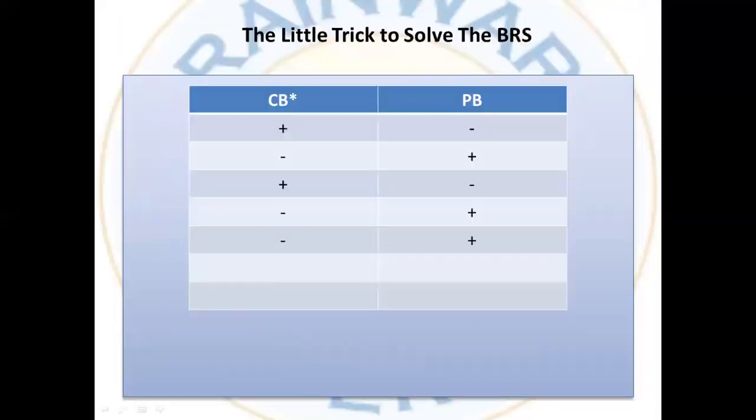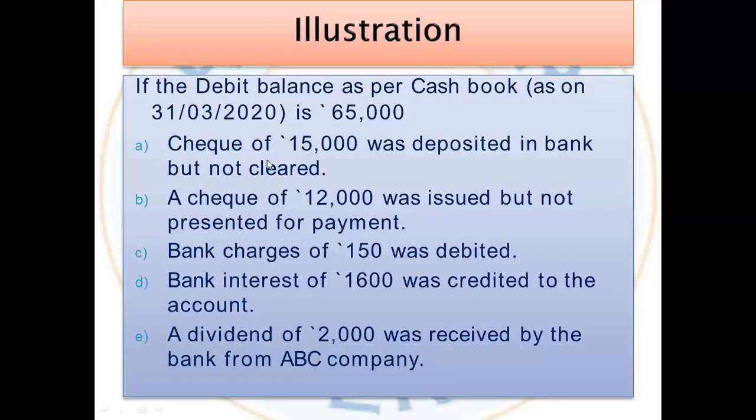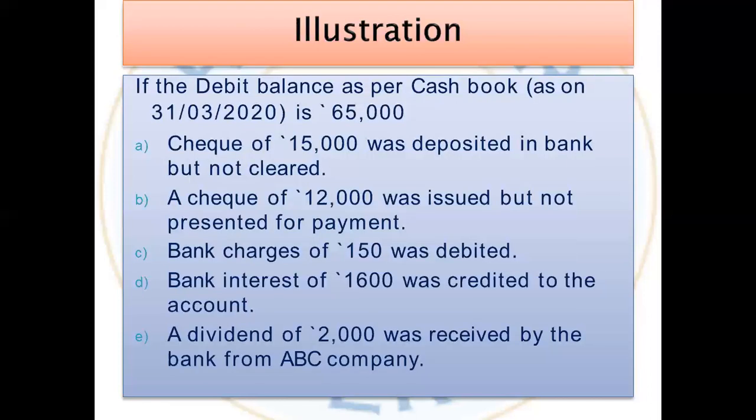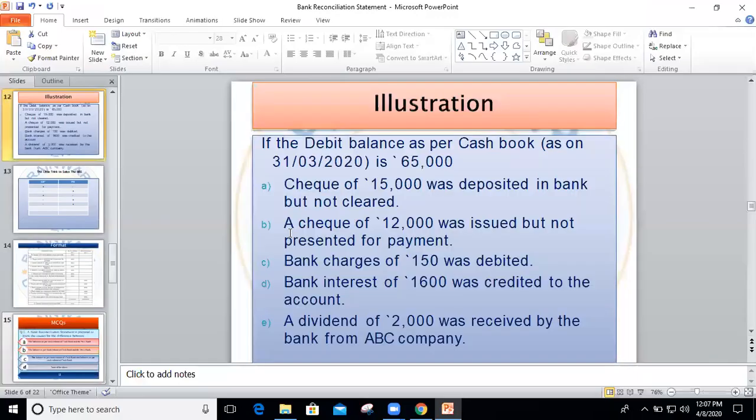First, the check of rupees 15,000 was deposited in the bank but not cleared. Means somebody put the amount in your bank, but you are not informed. Bank means the passbook, so you put that figure in your passbook, but it is not recorded in the cash book.